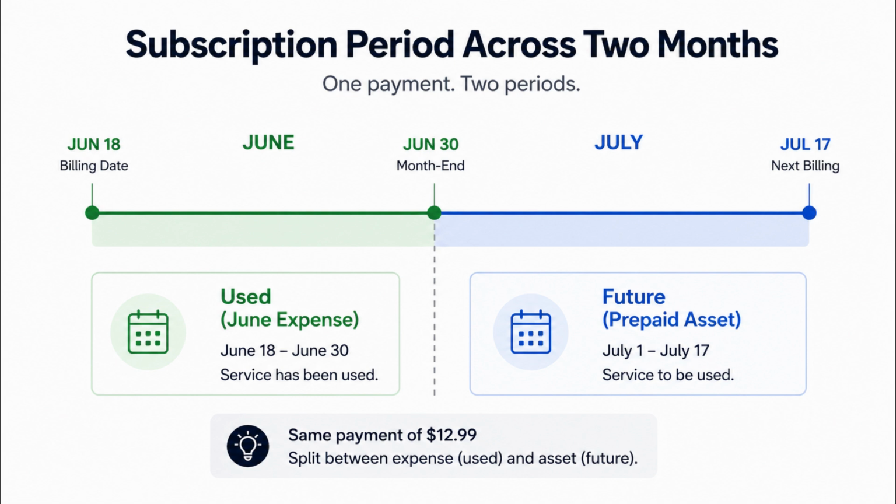From June the 18th to June the 30th, you've used part of the service. From July 1st to July 17th, you haven't used it yet. So that $12.99 is part expense in June and part prepaid in July. It's the same payment, it just has a split meaning.